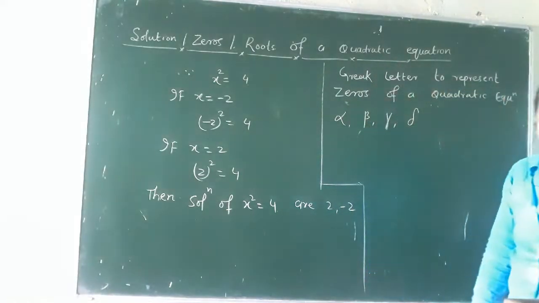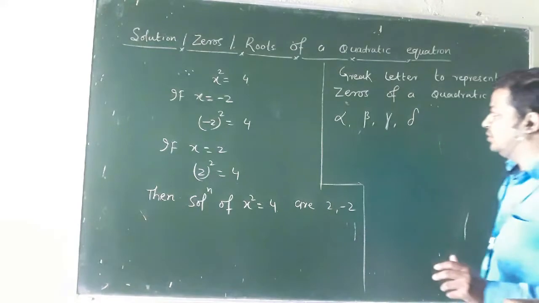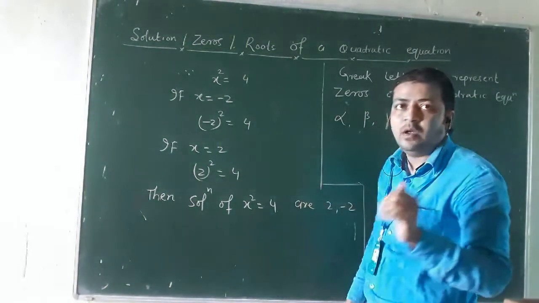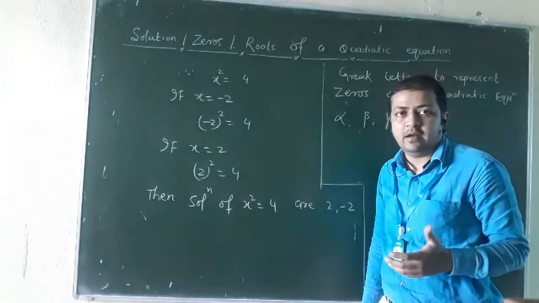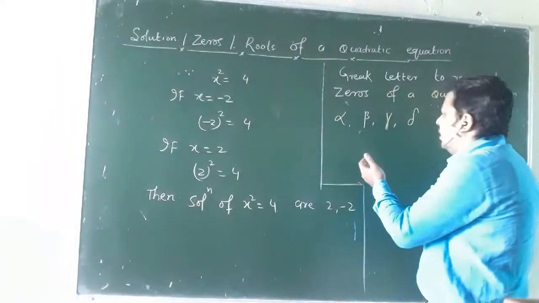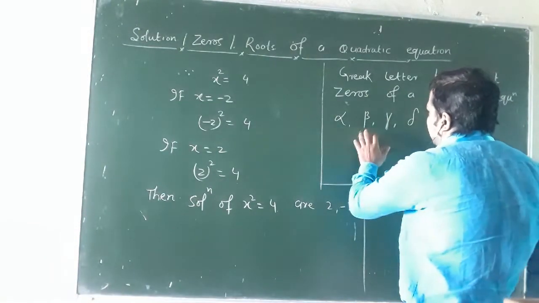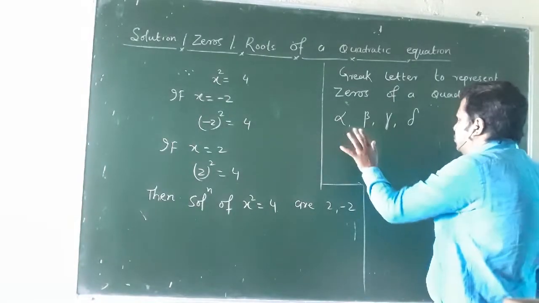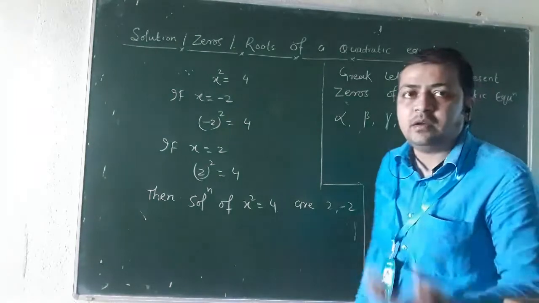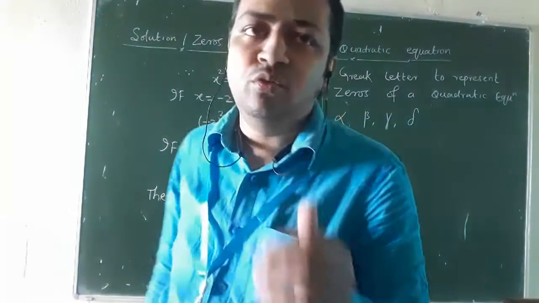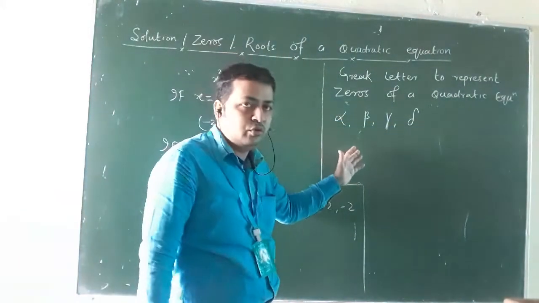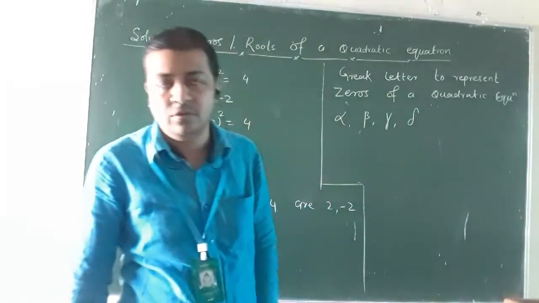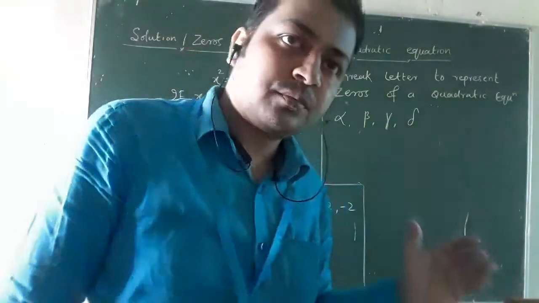In most practice forms, when two zeros are given, alpha and beta are used. But it is not that you must always use alpha and beta for two zeros. You can use any one of these. But in general practice, alpha and beta are used for 2 zeros, alpha beta gamma for 3 zeros, alpha beta gamma delta for 4 zeros, like that.